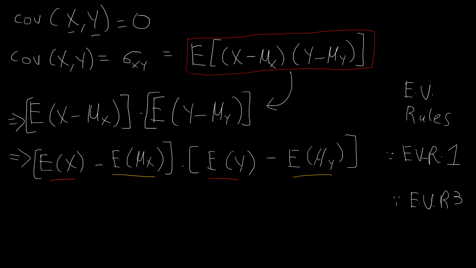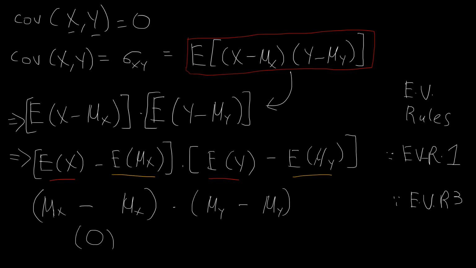So this becomes mu x minus mu x. So this is using expected value rule 3, times mu y minus mu y. Okay, so we can see that this is going to simply equal 0 multiplied by 0, which is equal to 0. Therefore we can see that the covariance between x and y equals 0.